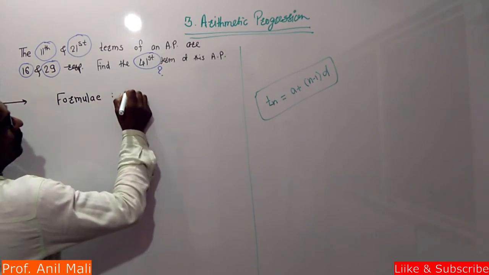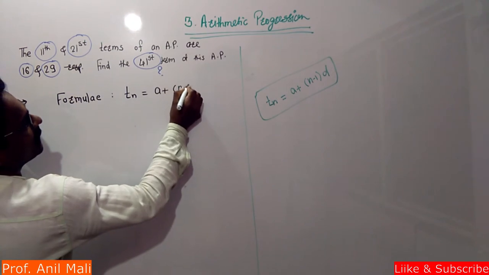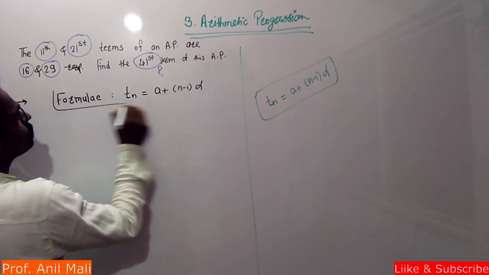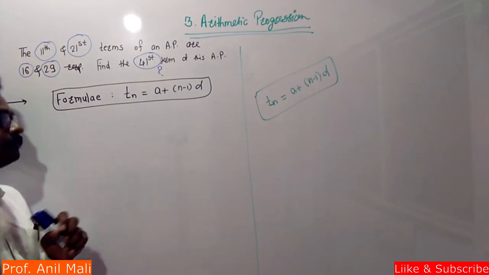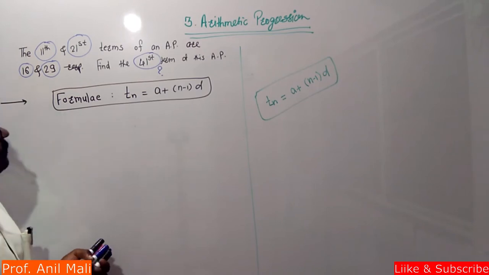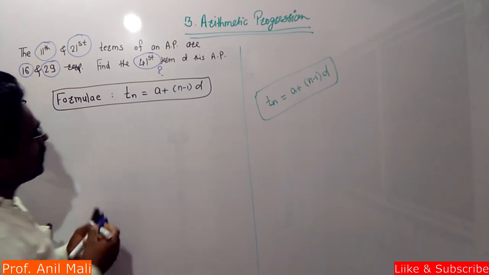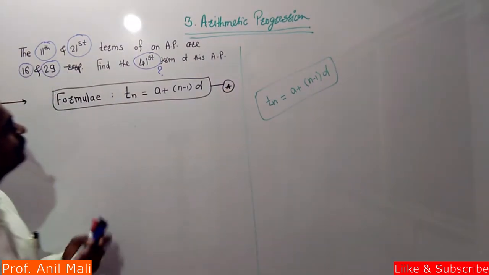Formula for nth term: Tn is equal to a plus n minus 1 into d. This is my always star equation.